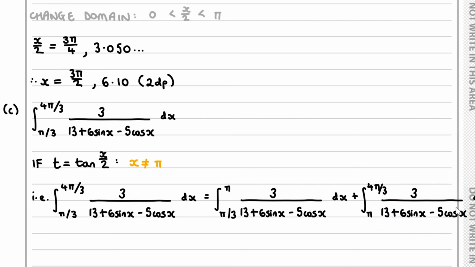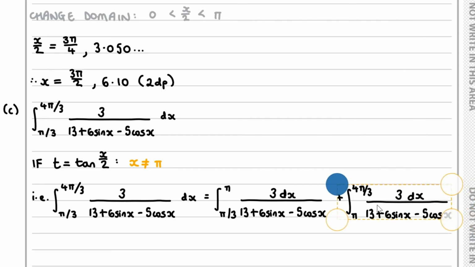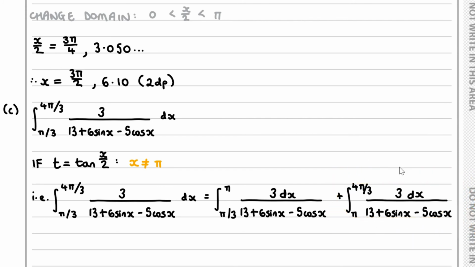And spotting this is actually quite difficult, okay? So let's just bunch all of this together. We have dx here and dx here. Just move all this closer. So this is what we're working out. And it's quite difficult to spot that result that I've just mentioned, of how if x doesn't equal pi, we'd have to split this up into 2 separate parts.